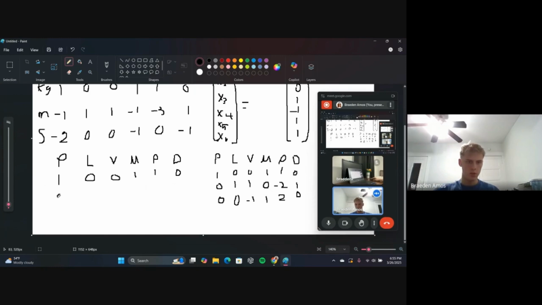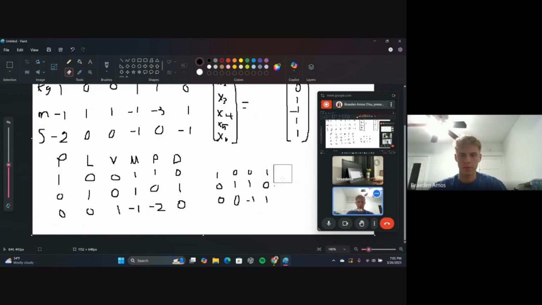So we get 0, 1, 0, 1, 0, 1. And then I'm going to multiply this bottom row by a -1 so that we get a +1 here. 0, 0, 1. This will be -1, -2, 0.